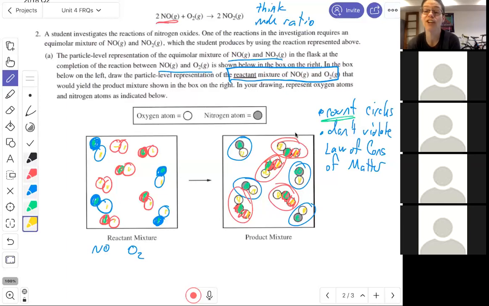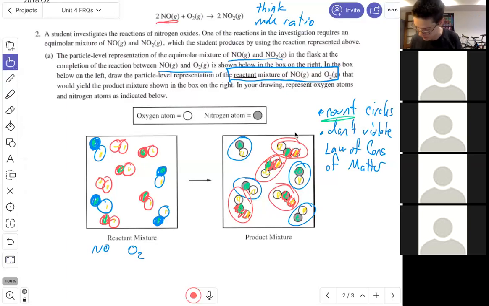They're not going to ask you to draw, but hands down, there is going to be some sort of particle representation somewhere. Just remember to count and that you have to maintain conservation of matter. You have to make sure you know what's going on with your circles. So that's that one. I just wanted to go over that.